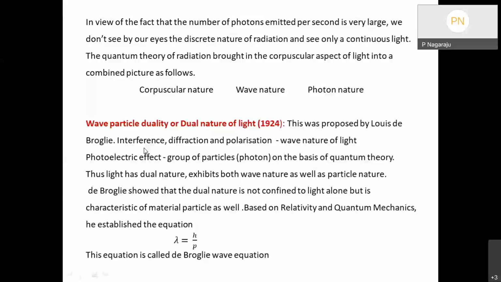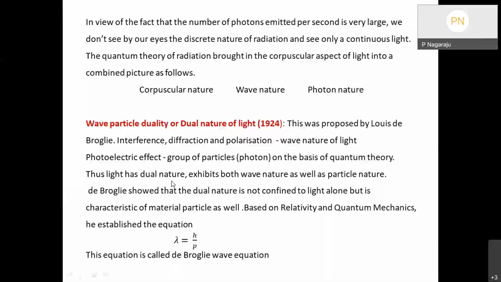Like what I have already told you, interference, diffraction, and polarization can be explained only on the wave nature of light. But the photoelectric effect can be explained only with a group of particles, and these particles, in other words called photons, are based on the quantum theory. Thus, light has dual nature.